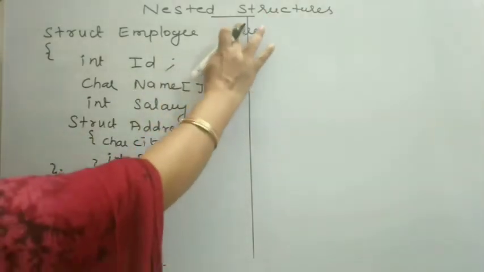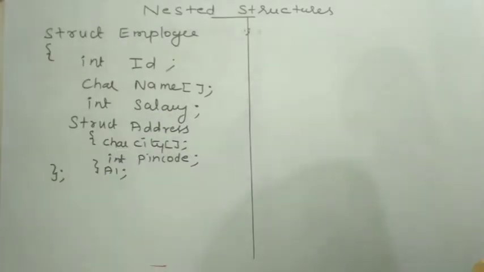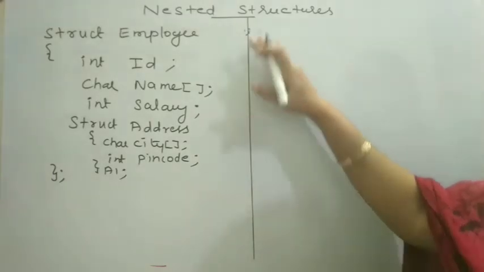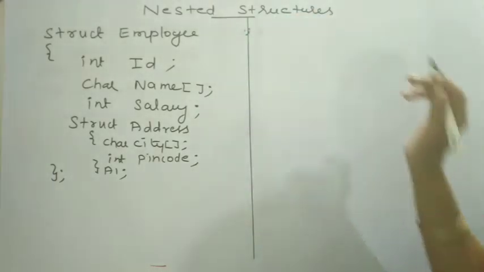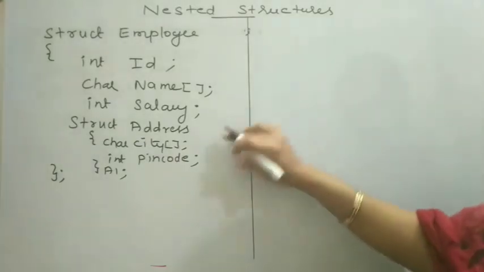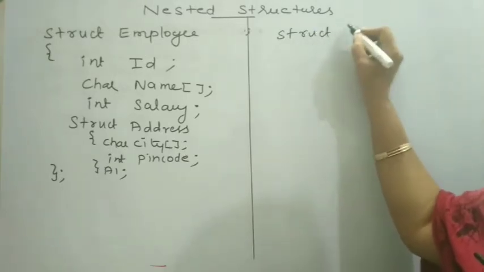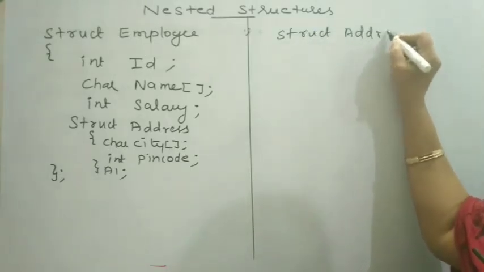Then I need to define the nested structure using the second method. The second method is called separate structures. We have one more method to define this nested structure, that is using a separate structure. If I use the separate structure method, first I define this address: struct address.